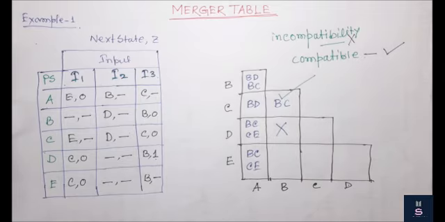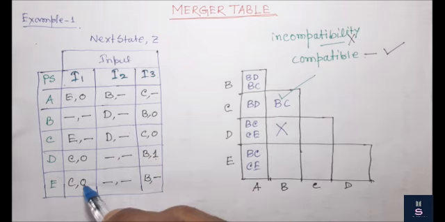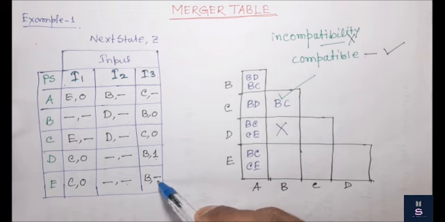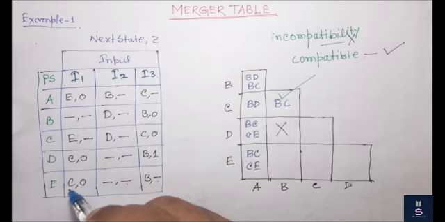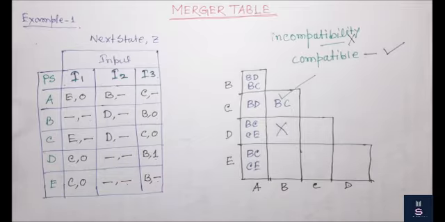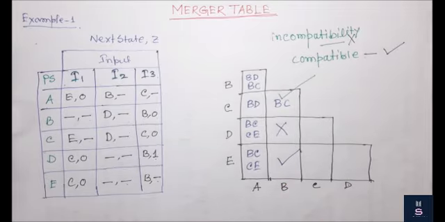Then the next one is BE. Compare BE: don't care 0, don't care 0, don't care, no problem. BB, DD and BE in CC. So no problem, it is an uninterrupted cell, so put a right symbol here.